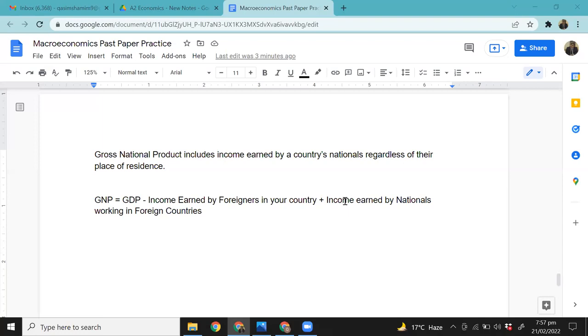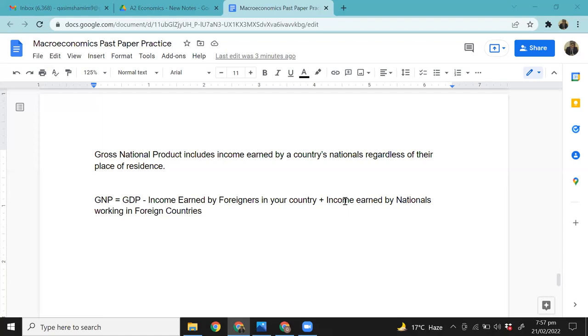But when we talk about GDP, gross domestic product, it's basically the production, the income that's generated. So income could be generated in how many ways? Let's say a lot of Pakistanis, I'm sure that's true in your families as well, some of your family members must be living abroad. Yes or no?